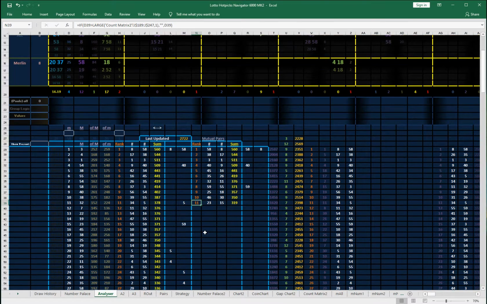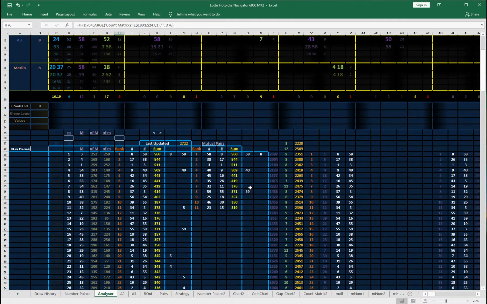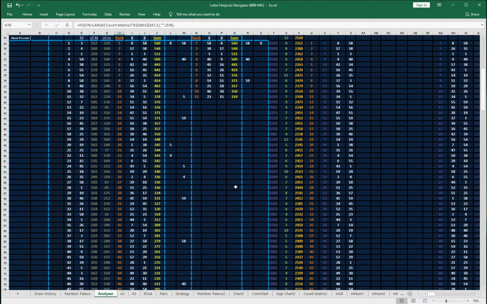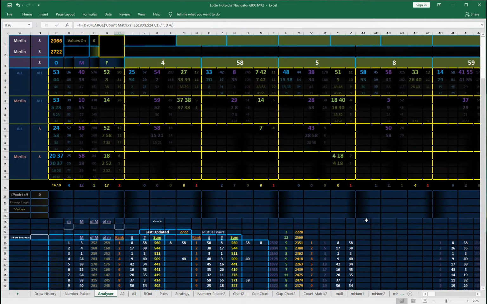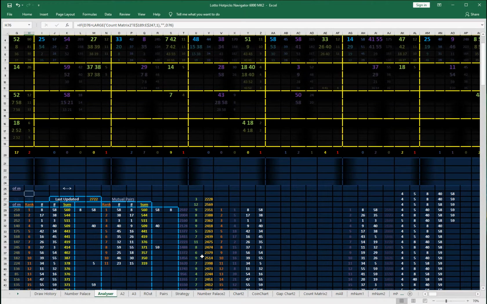And there are 11 mutual pairs at the moment and 48 that are just not mutual, but high ranking anyway. So if we look at the pair chart, then we get the numbers ranked in a different order. So as you can see, on this one we've got 8 and 58, in second place 17 and 38, then 1 and 3 and so on.